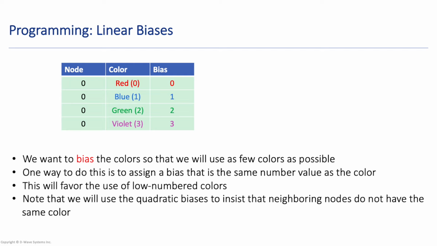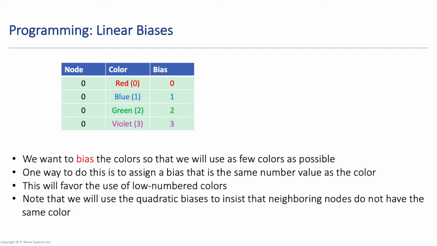What we need to do is tell the DQM solver how we want to use these colors. In other words, earlier you saw that the variables are really node and color pairs. In other words, node 0, and then it can take on one of the 4 colors. And one way to bias is to favor using as few colors as possible.